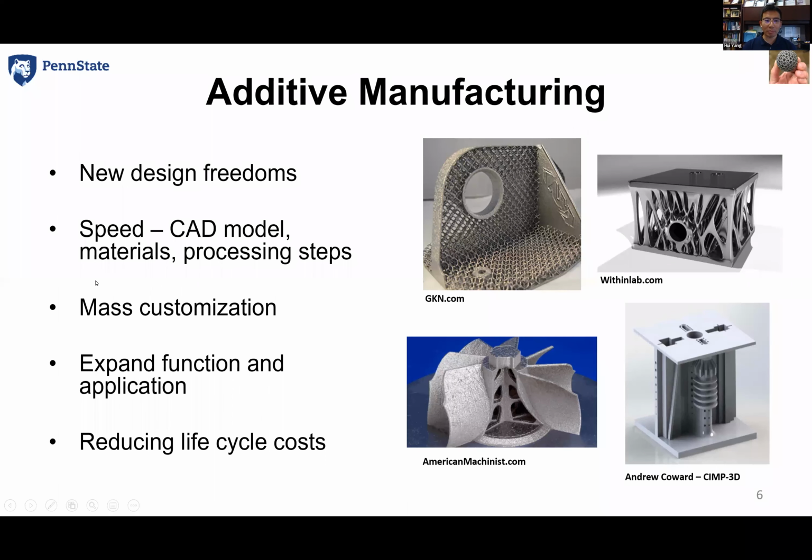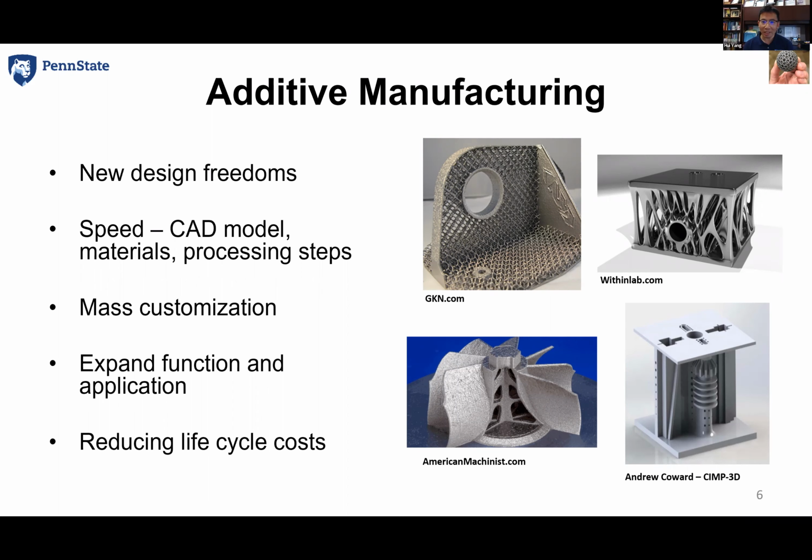Additive manufacturing provides faster speed from design. If you have a design idea, you can put it in the CAD model, go through the materials processing steps, put it in the 3D printer, and print the part. It also enables mass customization. That means that sometimes, if you make a product with 3D printing, you might only print it once.